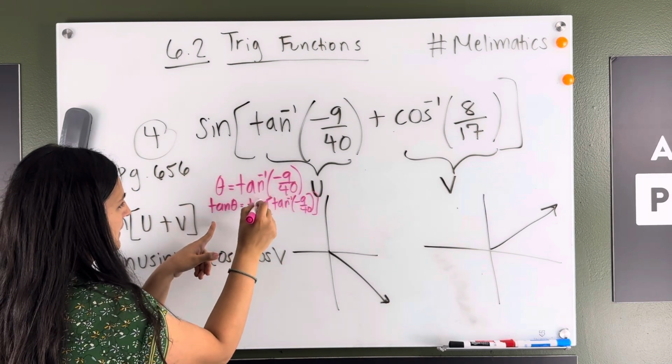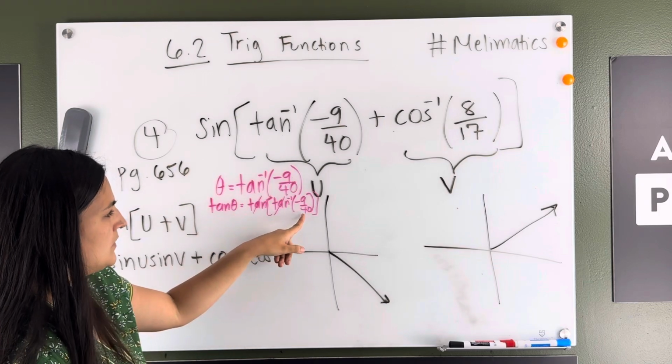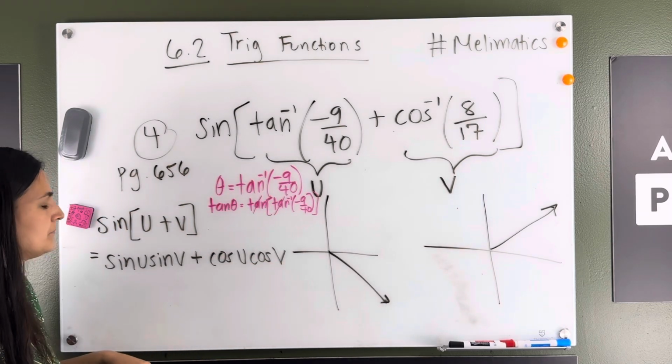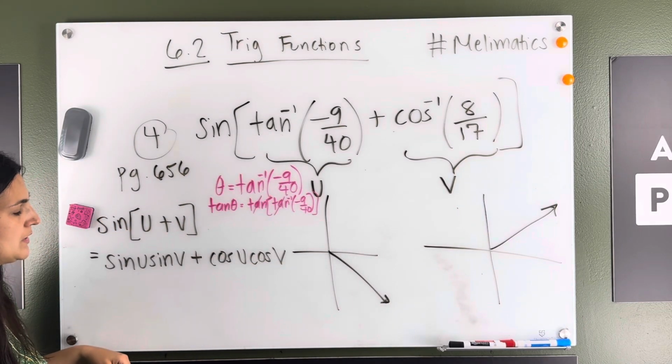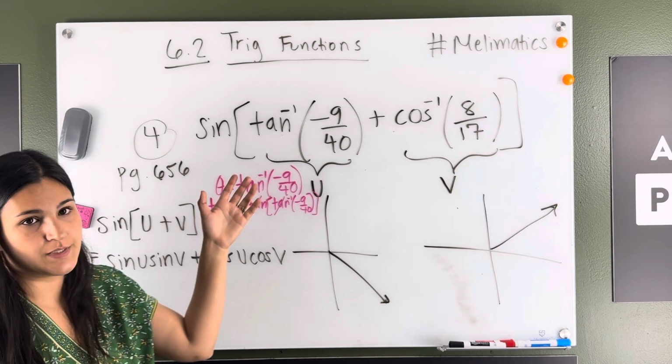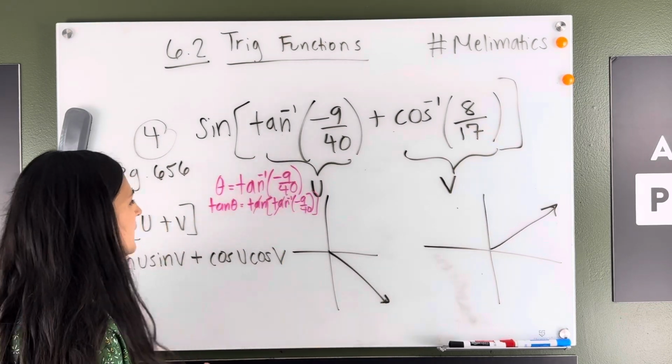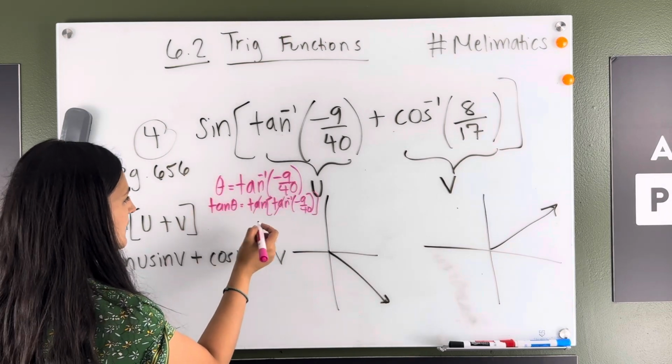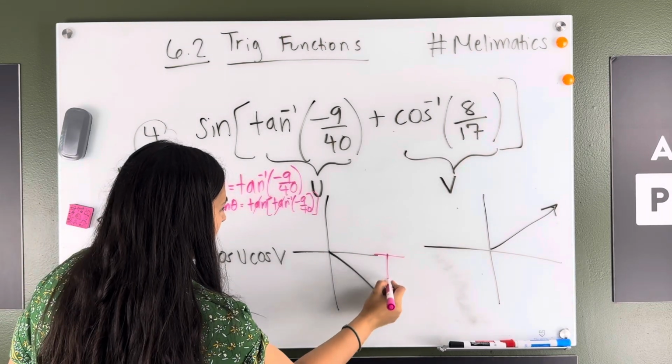And these cancel as long as this value is between negative pi over 2 and pi over 2, which we've already said, since this is in the fourth quadrant. So we're okay. So based on this, we're going to label this triangle.